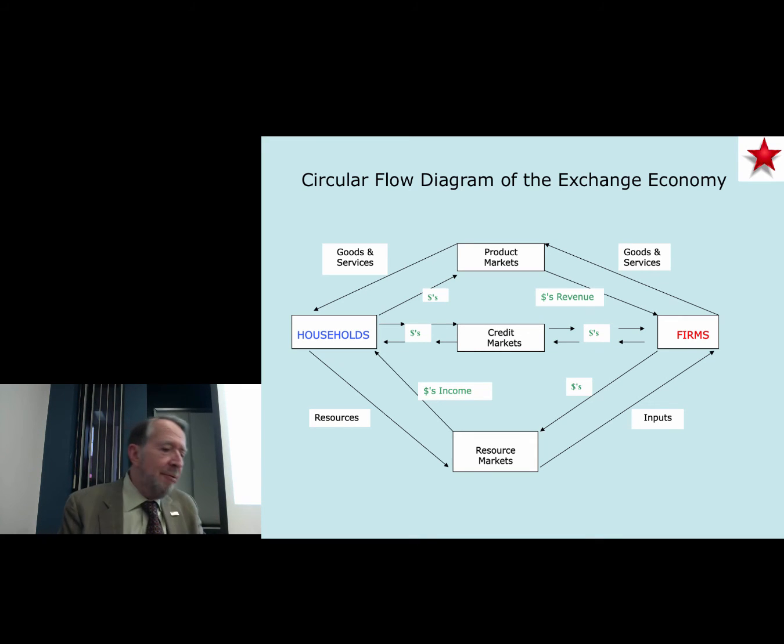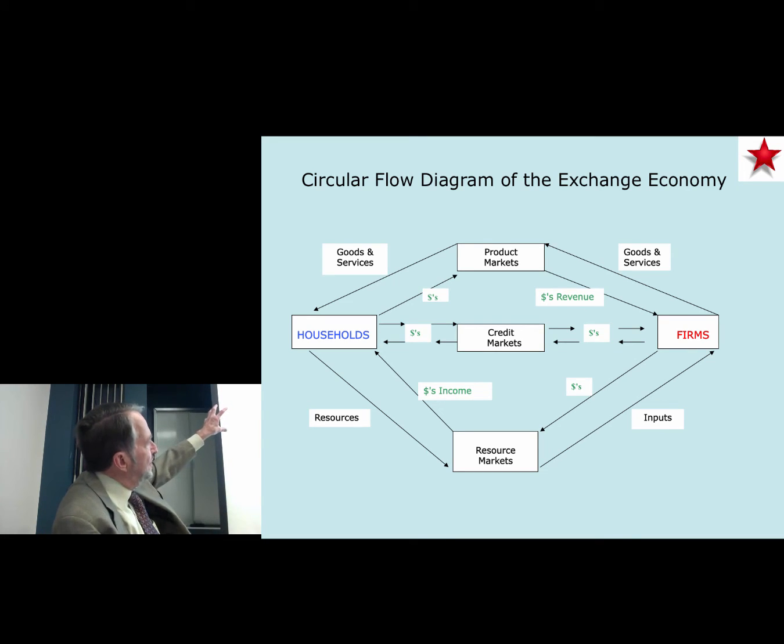So this simple diagram, called the circular flow model, is a simple representation of the economic system of exchange. Primarily, you have two economic agents. Households make three kinds of decisions. Business firms are thought of as groups of people working as teams, and households provide the use of resources to the business firms.